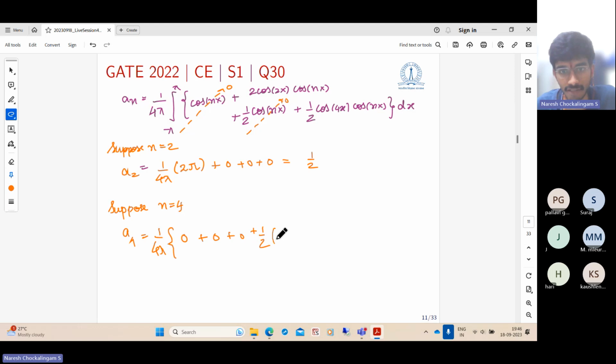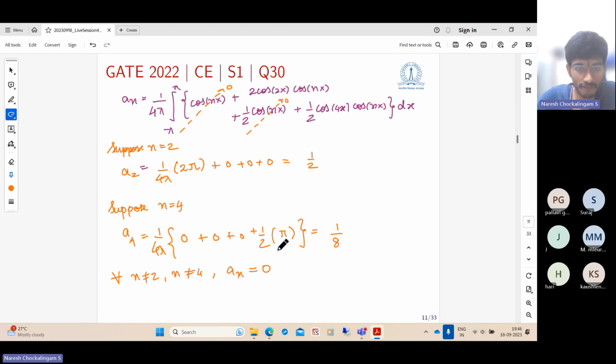Integral cos square 4x, we saw that if m equal to n, it integrates to pi. So if n is equal to 4, you get a4 as pi by 8 pi, which is 1 by 8. And for all n not equal to 2 and n not equal to 4, an is equal to 0. So I hope that is clear.